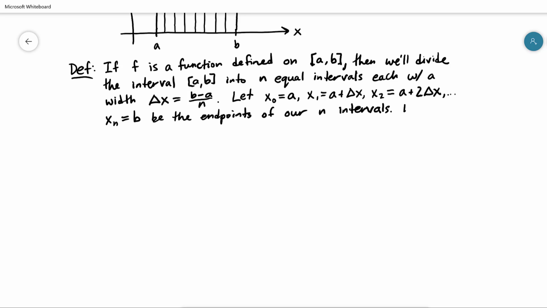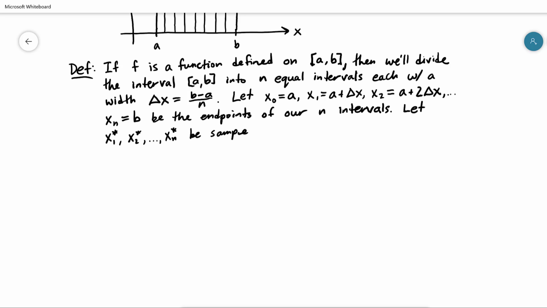In addition, we're going to let a bunch of points, x1 star and x2 star, all the way up to xn star. These are going to be points somewhere in those intervals. We're going to call them sampling points.